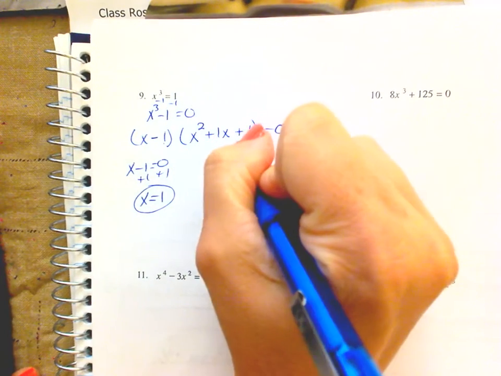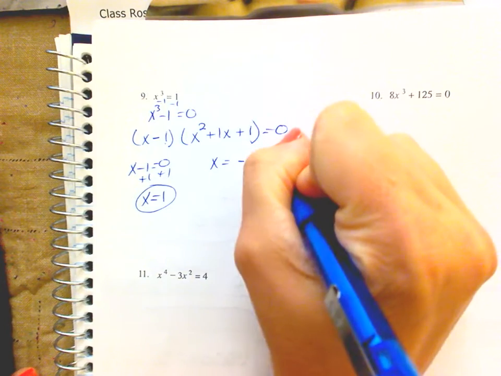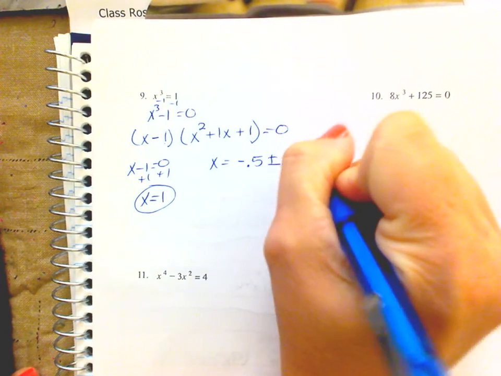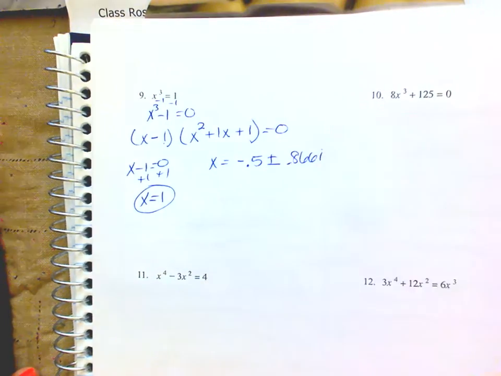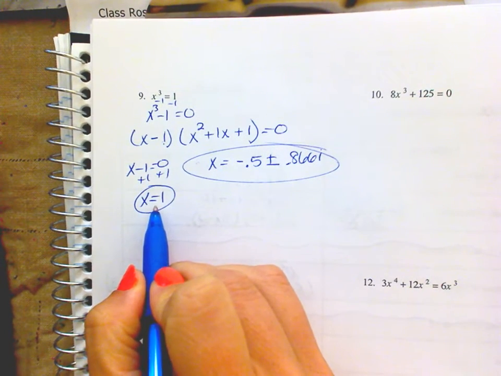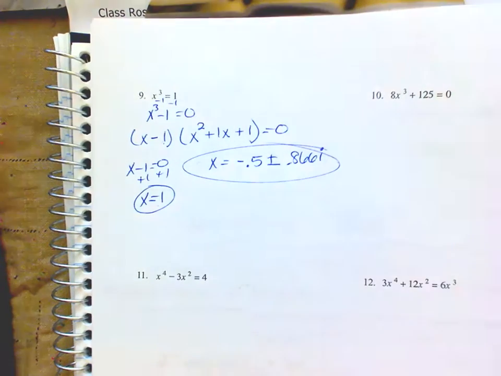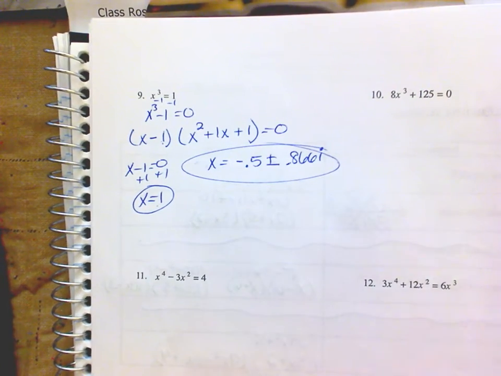And your solution is going to be negative 0.5 plus or minus 0.866i. Now you're only going to be able to graph this as an x-intercept because this is an imaginary number, but we'll talk about that at a later time.